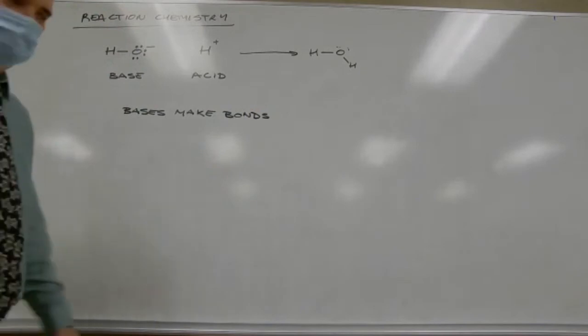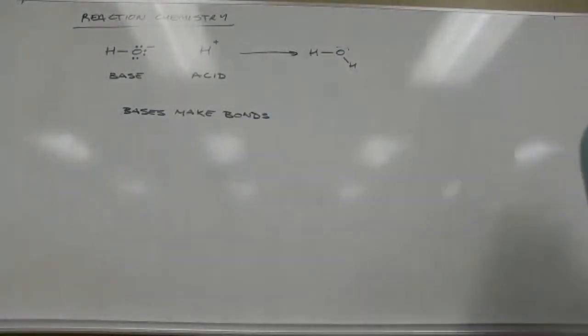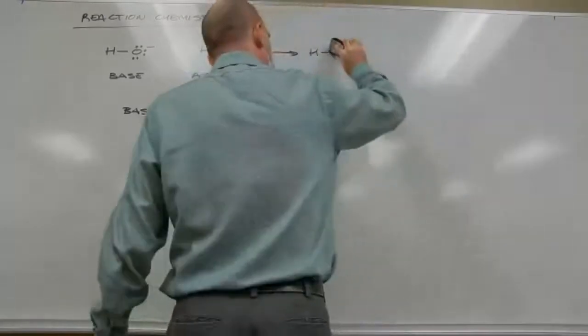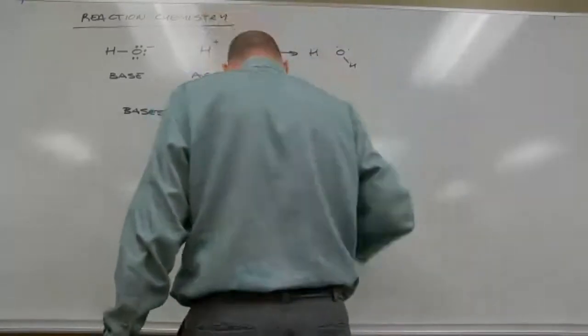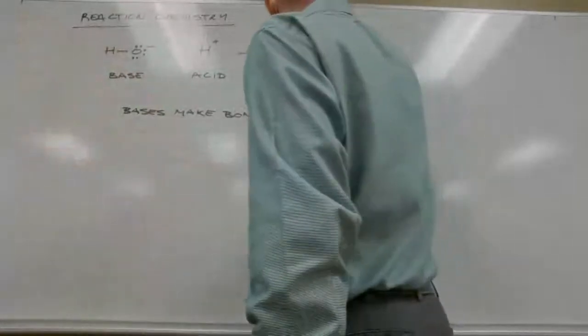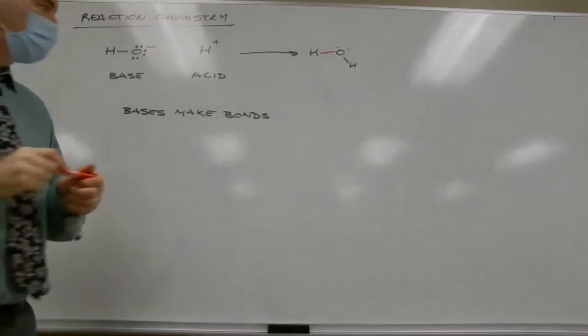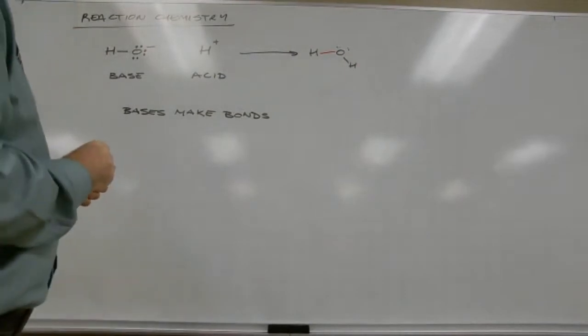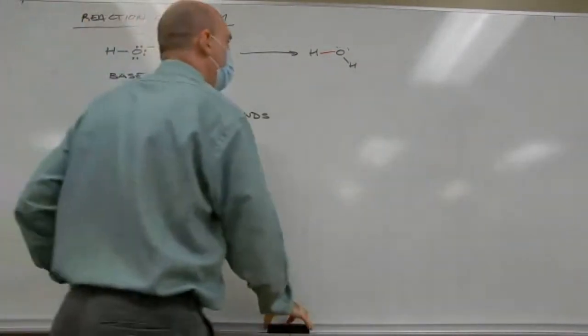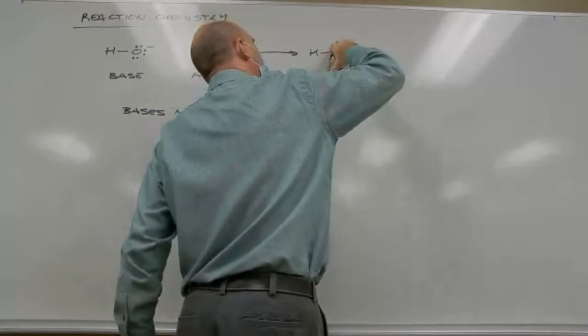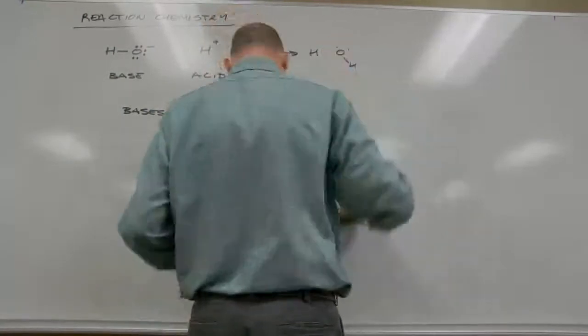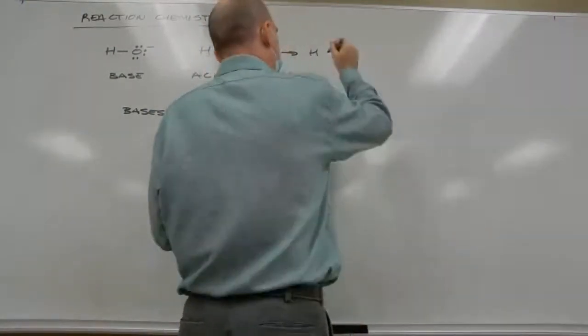Bases make new bonds, and they do that by donating a pair of electrons. Bases are electron, oh, actually, let me change that, because it's going to make more sense if it's the other one.